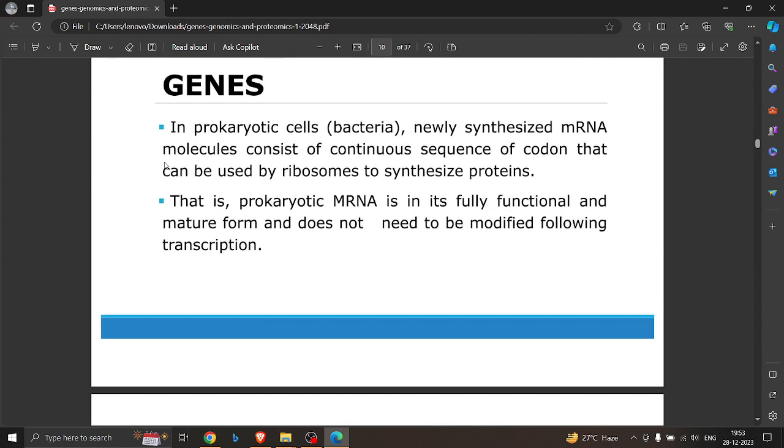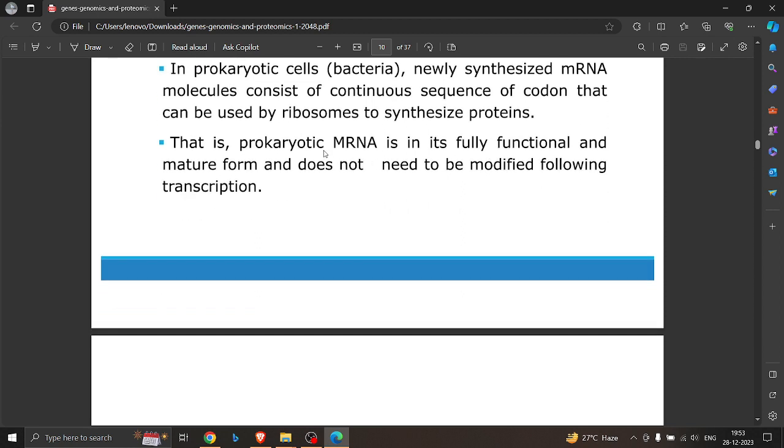In prokaryotic cells, bacteria, the newly synthesized mRNA molecule consists of a continuous sequence of codons that can be used by ribosomes to synthesize proteins. That is why bacteria synthesize proteins vigorously. Prokaryotic mRNA is in its fully functional and mature form and does not need to be modified following transcription.